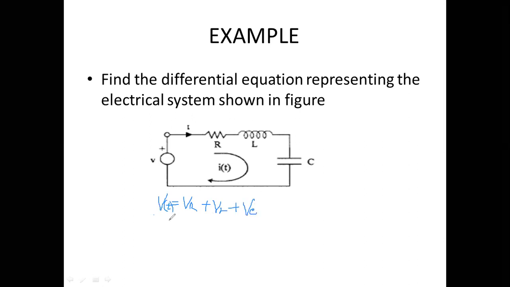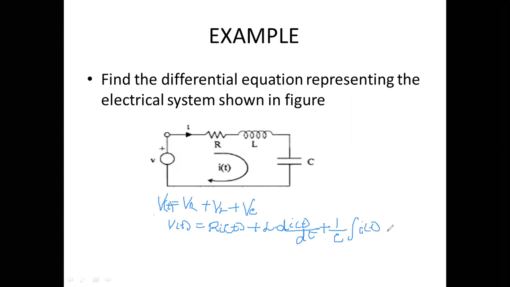Or we can write V of t is equal to the voltage across the resistor, R into I of t, a time varying current, plus VL, which is nothing but L into di of t divided by dt, plus the voltage across the capacitor, which is 1 by C into integral I of t into dt.